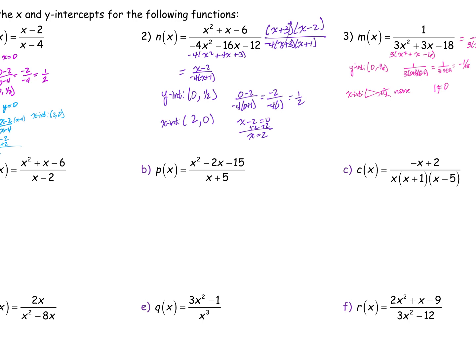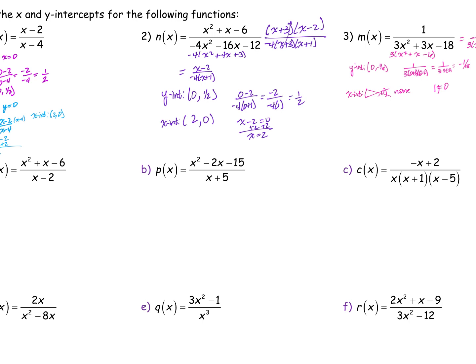Positive. Okay. And the x-intercept is where you set the numerator equal to 0. Oh, you have to do the quadratic formula. I'm so not doing that. Okay, I'm going to do it.